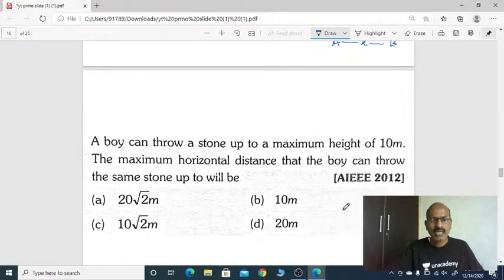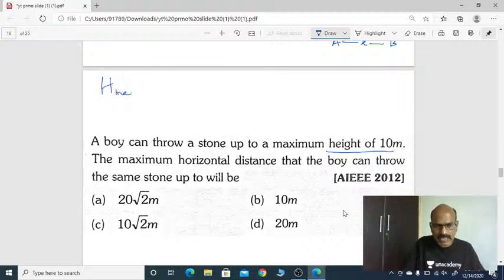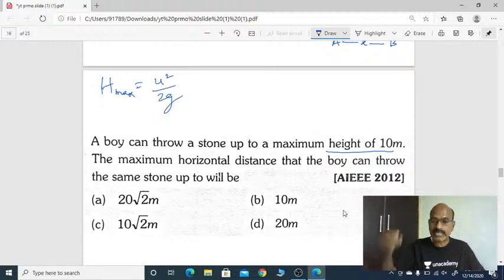Next one. A boy can throw a stone up to a maximum height of 10 meter. We know that H maximum equals u square by 2g. Remember, a boy can throw the stone up to a maximum height of 10 meter. The maximum horizontal distance that the boy can throw the same stone. So here, maximum height is given as 10.